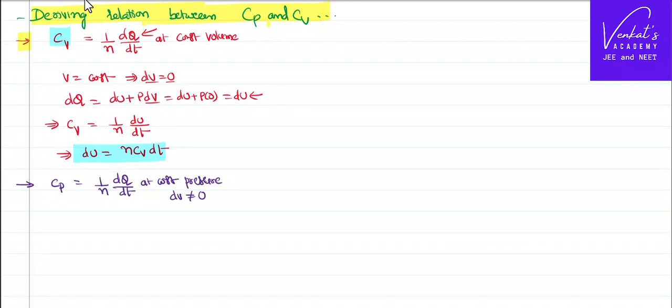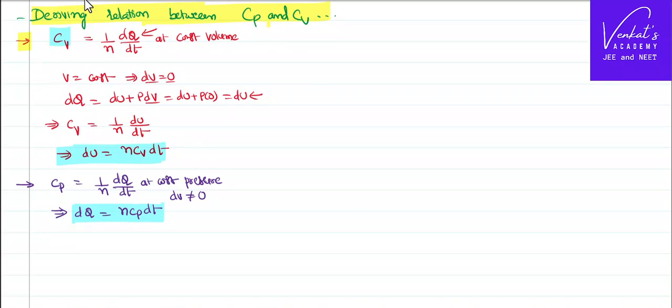That implies the format of dq is not going to change in any way. So dq can be written like n into Cp into dt. So you got one more relation. dq is known, and du is also known. Now let us write them in the first law of thermodynamics.